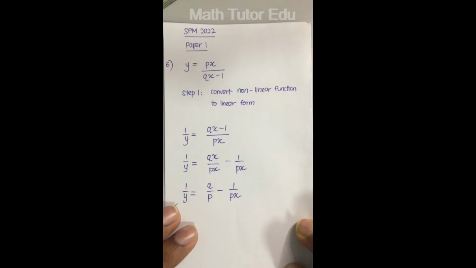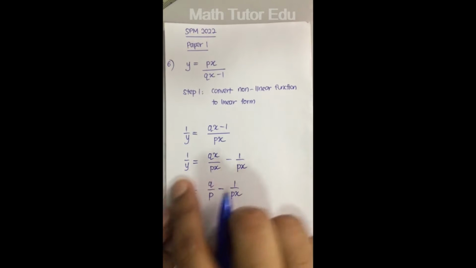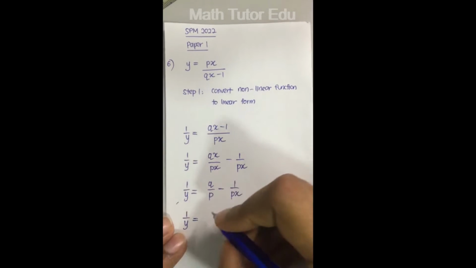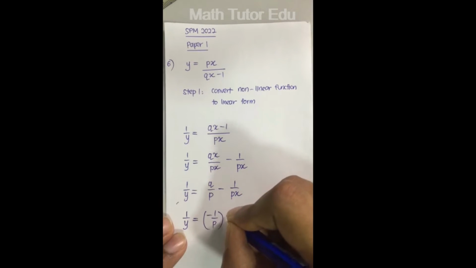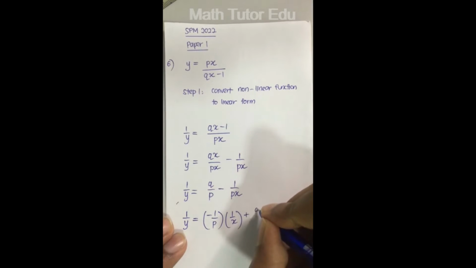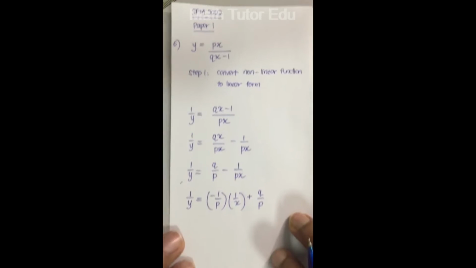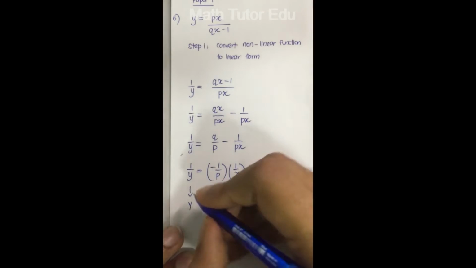Since we need to form the linear form which obeys the straight line format, which is y equals mx plus c, we're going to rearrange this equation such that 1 over y equals negative 1 over p, in a bracket 1 over x, plus q over p. This 1 over y is representing the y-axis.